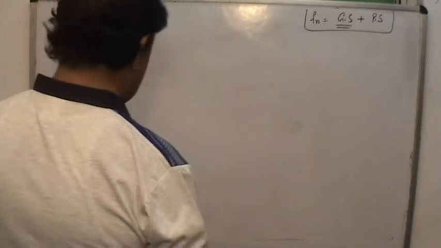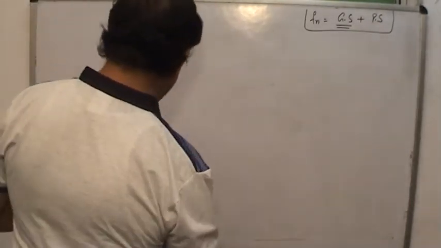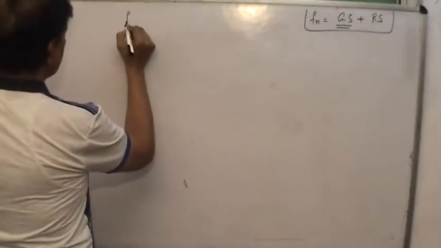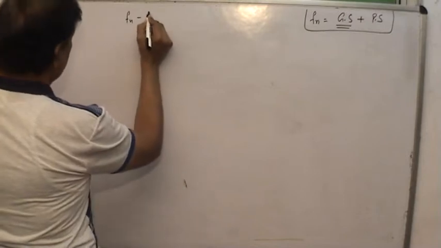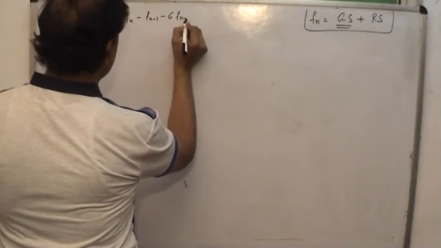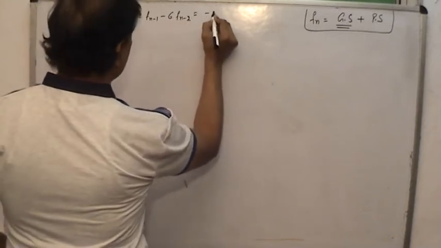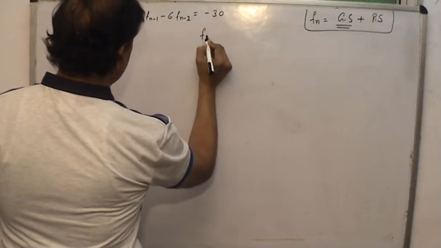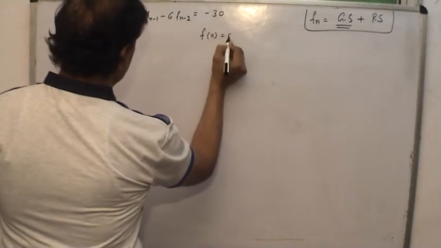Let us see the simplest formation of a recurrence relation in the non-homogeneous form. Fn minus 1 minus 6 times Fn minus 2 is equal to minus 30, F0 is equal to 0.